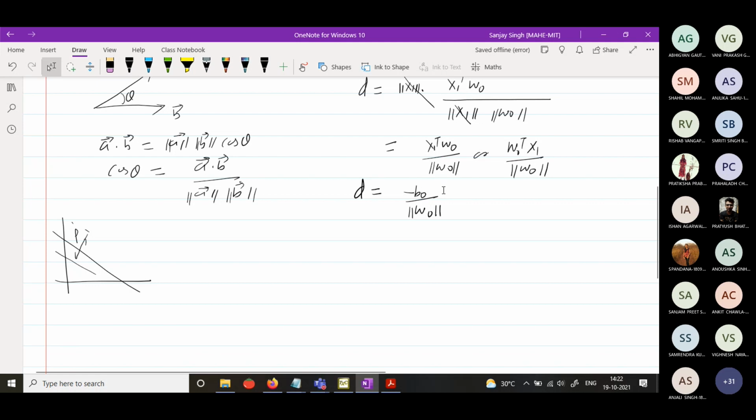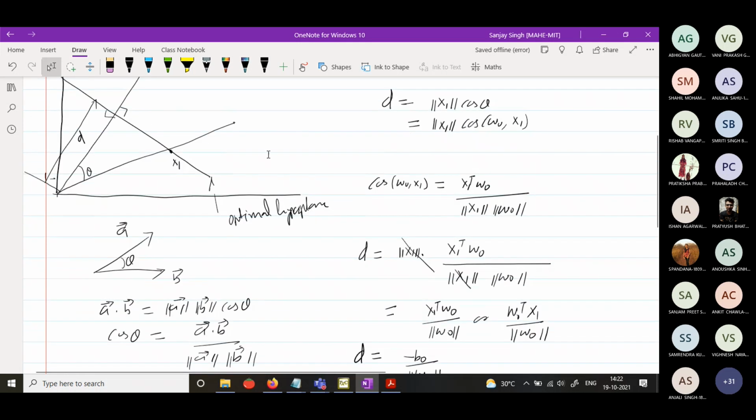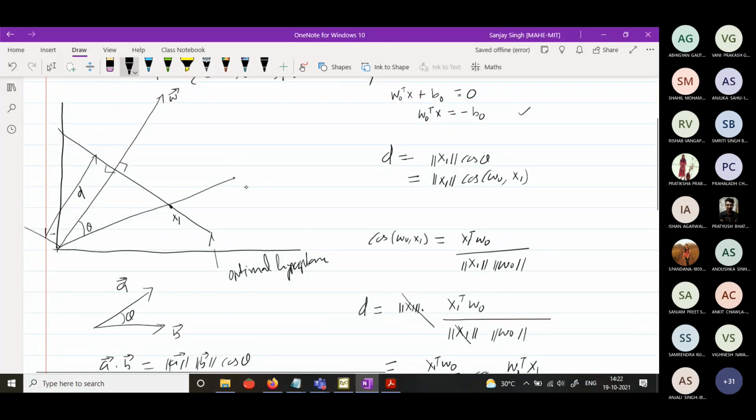So that we'll see. Now we'll take an arbitrary point to the hyperplane and say that this particular point is, let's say, x, some arbitrary point x. So it's not x1, just x, and we have projected, extended it, extrapolated here.